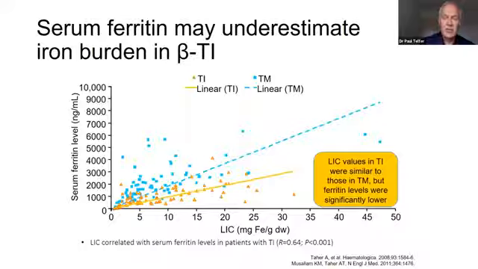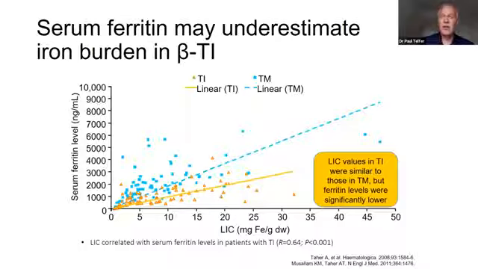And as you know, there's a risk of cirrhosis, hepatocellular carcinoma, and rarely cardiac disease in these patients. And there are 1 or 2 points to remember. First of all, that the serum ferritin doesn't have quite the same relationship to iron overload as it does with transfusion-dependent thalassemia. And in particular, it seems that the ferritin for a given level of liver iron seems to be lower.